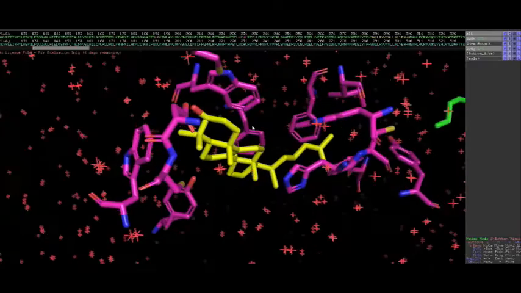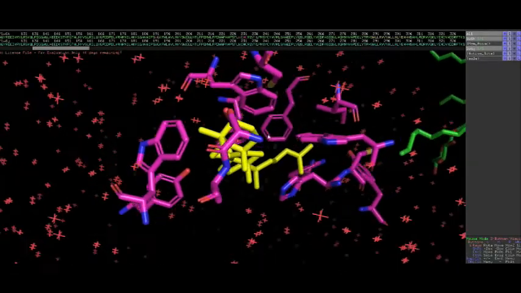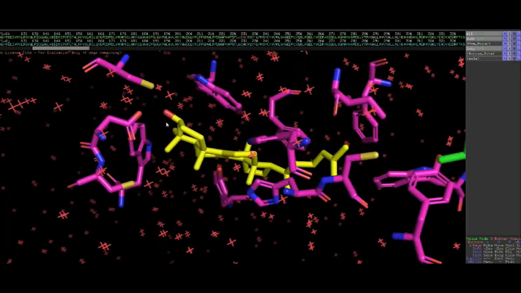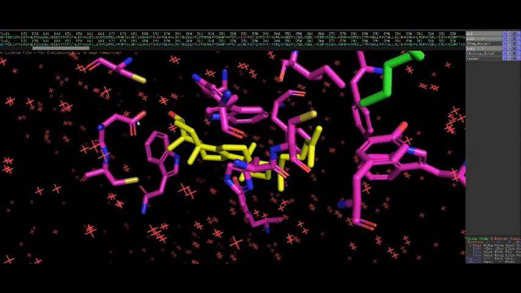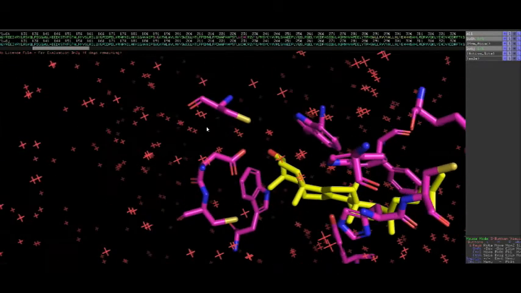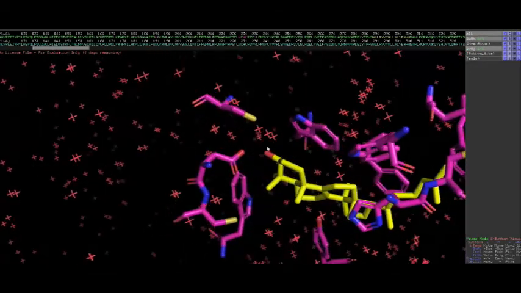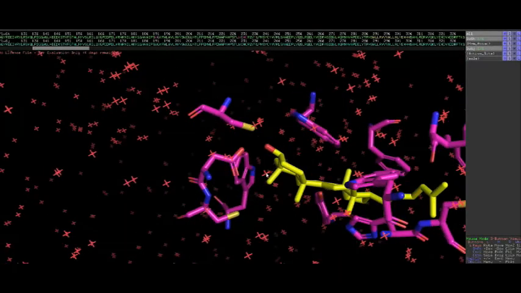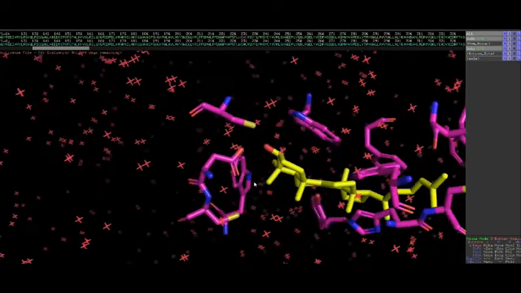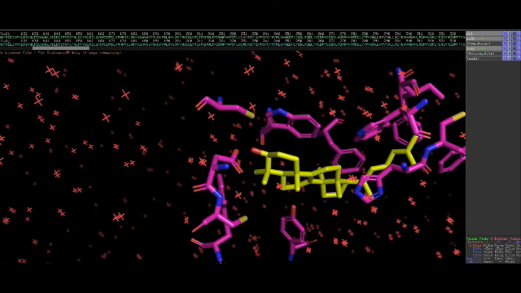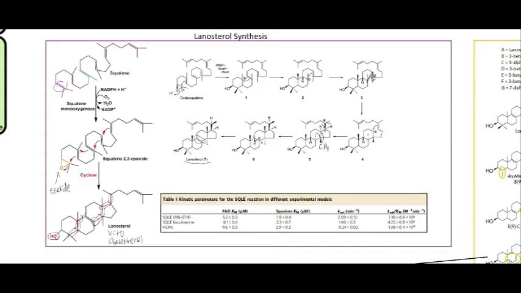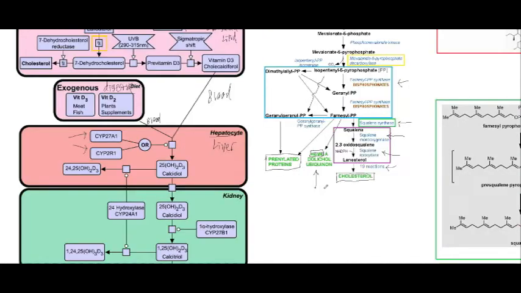So lots of hydrophobics in the active site, with the exception of this aspartate, which, as I said, is almost certainly the one that is donating the proton for that epoxide. All right, let's move on to the next.